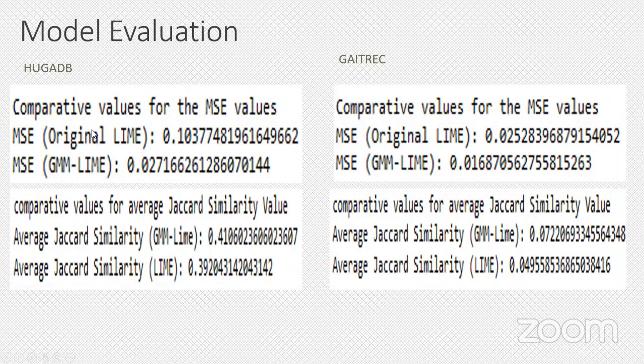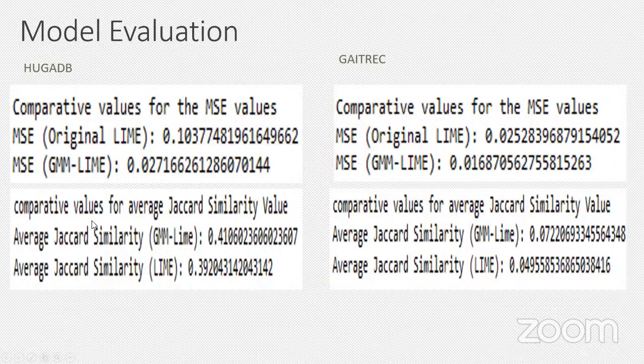So in the UGADB, in terms of the standard error, GMM performed better compared to the original LIME. We compiled the 10 cycles, and then we took the average of the error that we are getting.